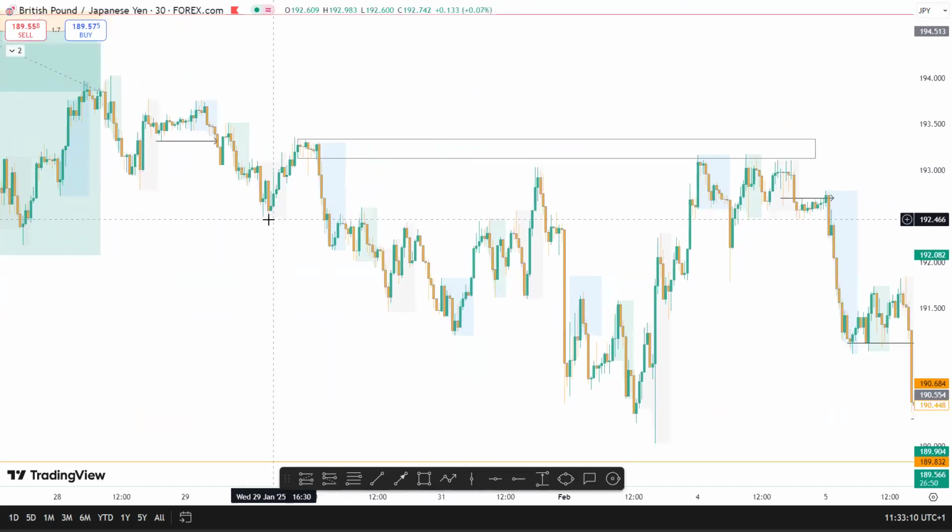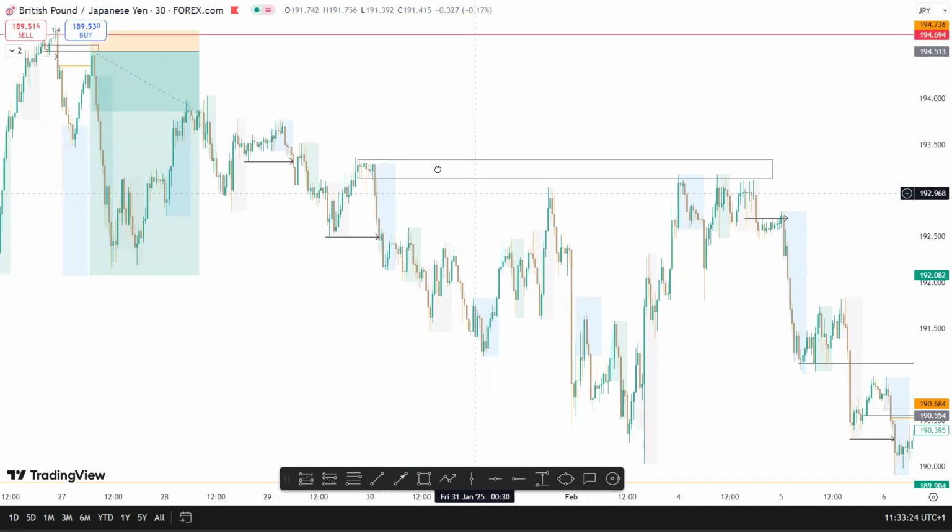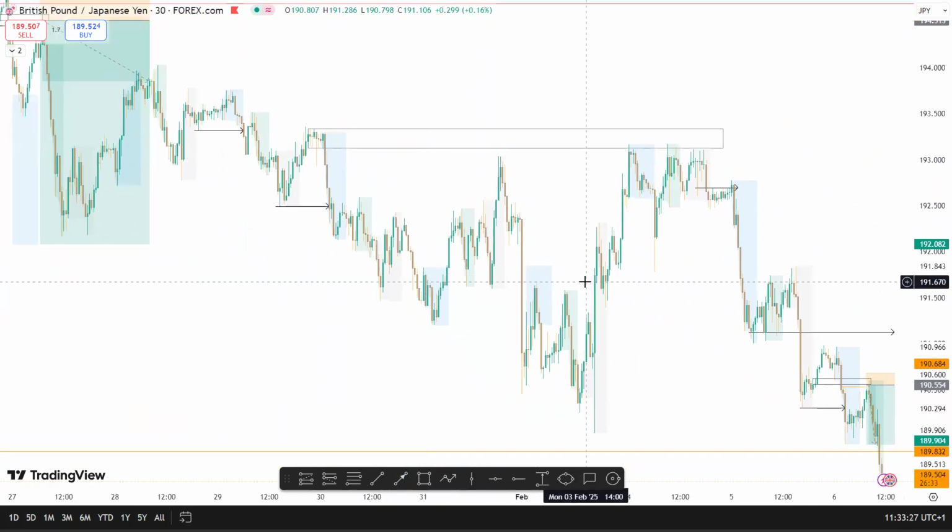Then here, market broke this low. So I caught this one actually, this first one. And then market broke this low. But another thing I like doing in the market is, even if I see my setup and it's not clear enough for me to take a trade, I'm not taking it. I leave it.